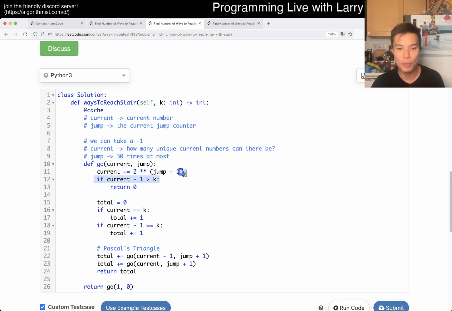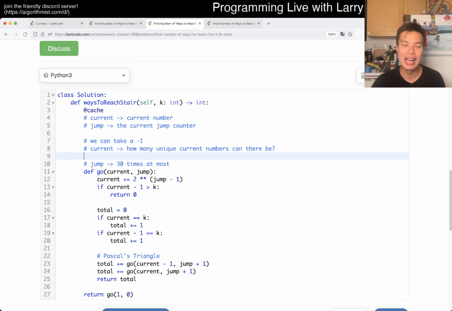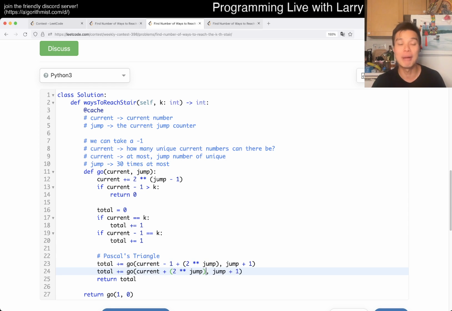Because you can only take this path jump number of times, current can have at most jump unique values, well, technically jump squared if you want to be more specific, but they're directly related to jump. Because if you add 2 times jump, the number of actual unique currents is different from the number of unique current-jump pairs.